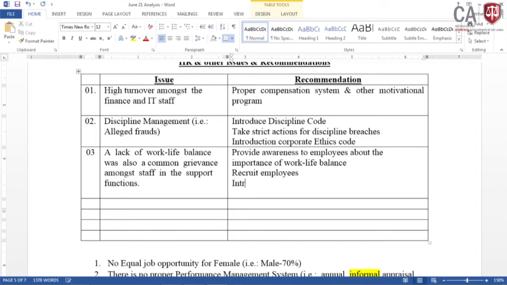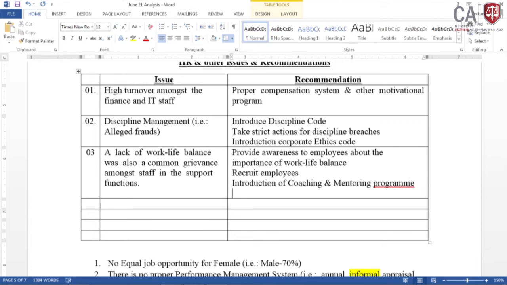Then introduction of a coaching and mentoring program. Anything else?